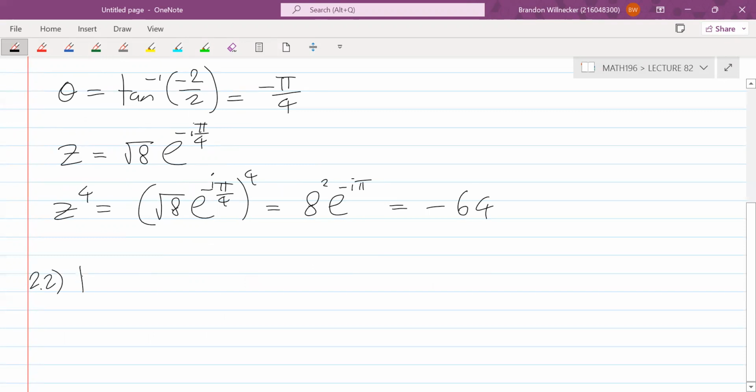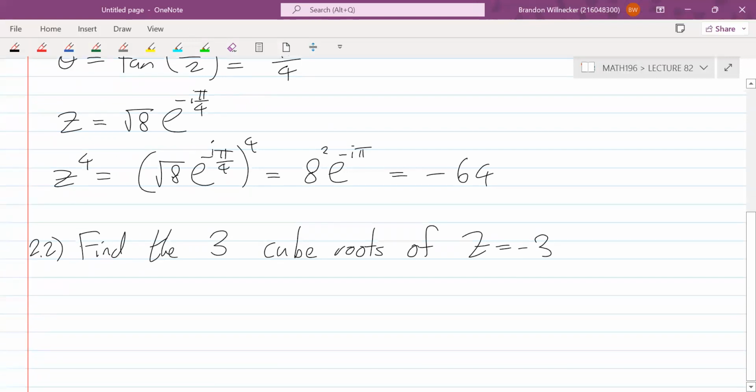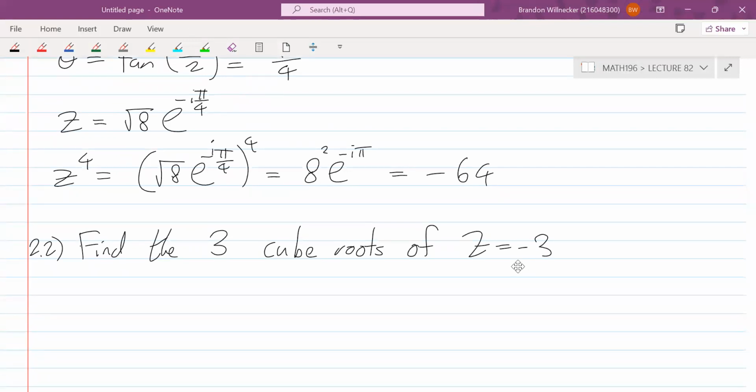So 2.2. Find the 3 cube roots of z equals minus 3. Okay, like we had before, this is going to be easier to do in polar form because we have to take certain exponents. So let's write this in polar form.